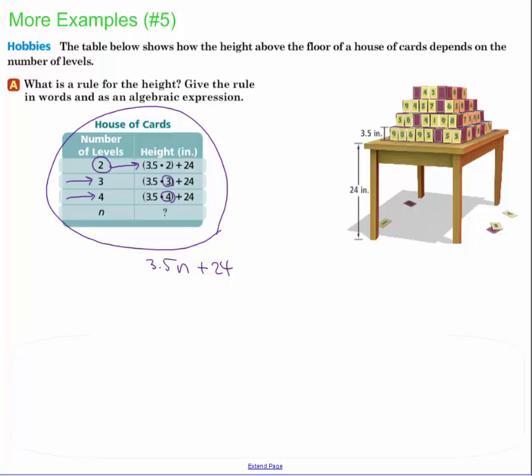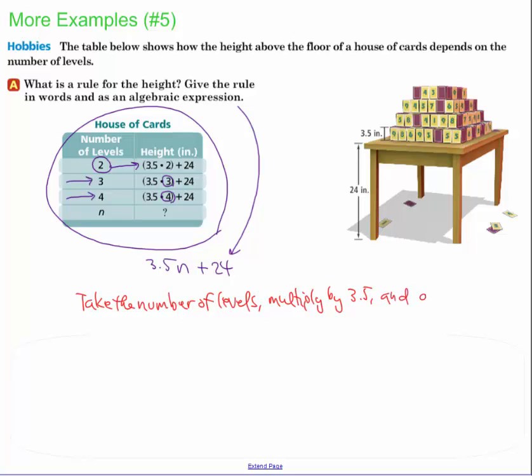So that is a rule written as an algebraic expression, and technically I was saying the words as we wrote that rule. Okay, take the number of levels, that's your n. We're going to take the number of levels, multiply by 3.5, and add 24.